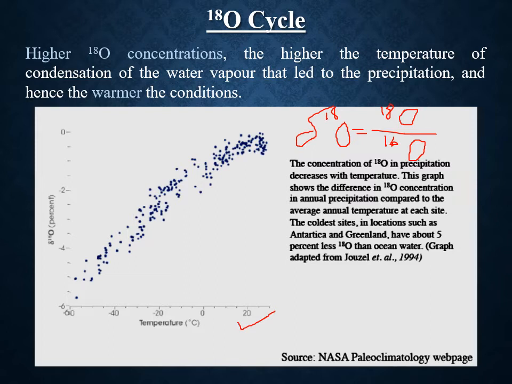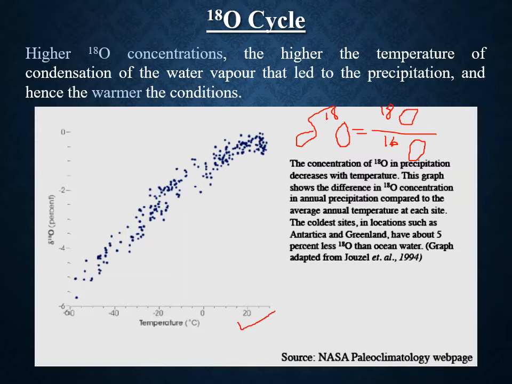So the precipitation that occurs in the form of snow in the polar regions will be enriched in 18O. In contrast, during winter time, when the global temperature is low, that means the energy availability is low.